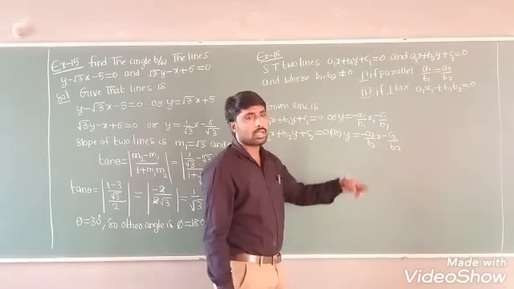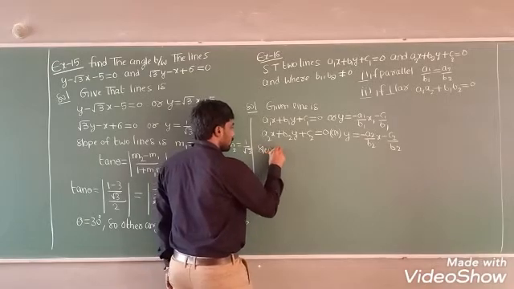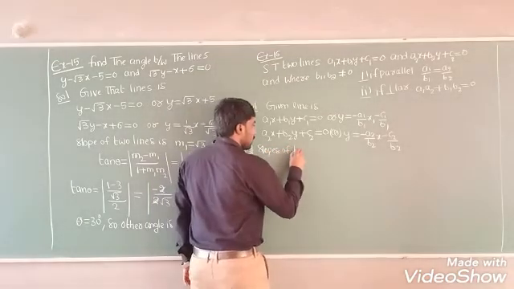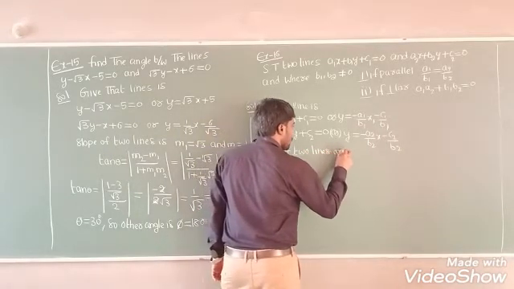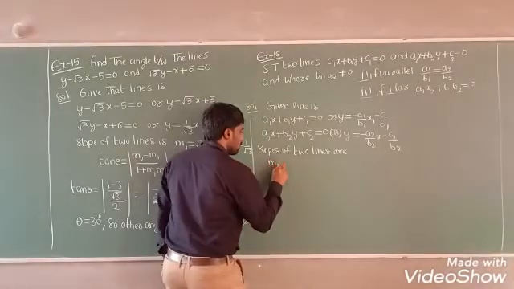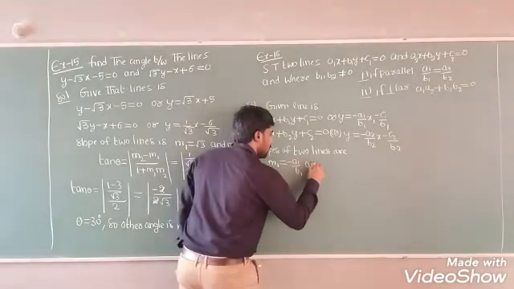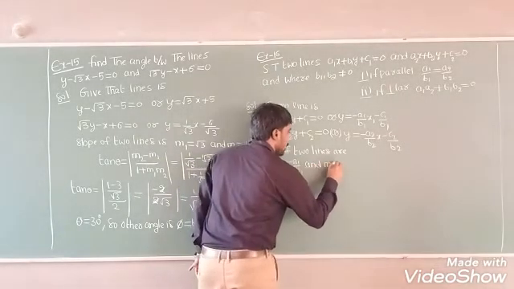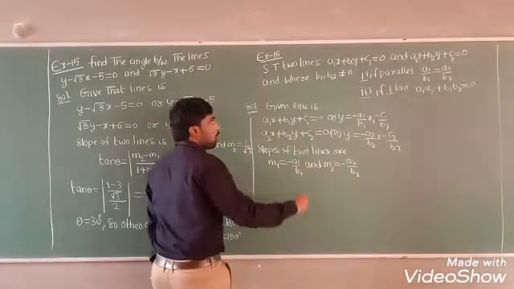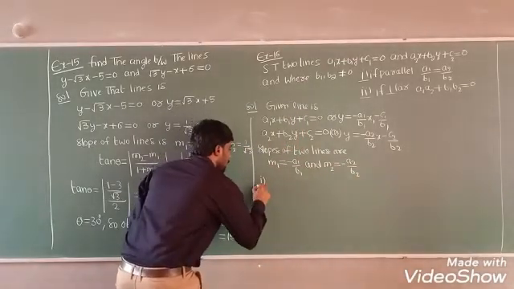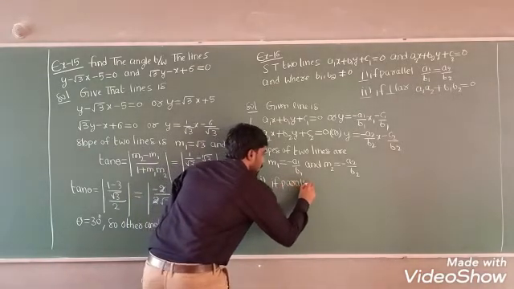Now I have to prove that condition. So slopes of two lines are m1 equal to minus a1 by b1 and m2 equal to minus a2 by b2. Okay, now first condition, if it is parallel, what is the condition?